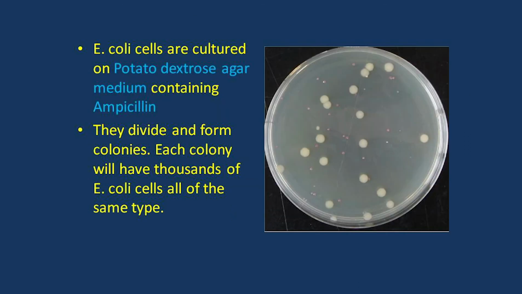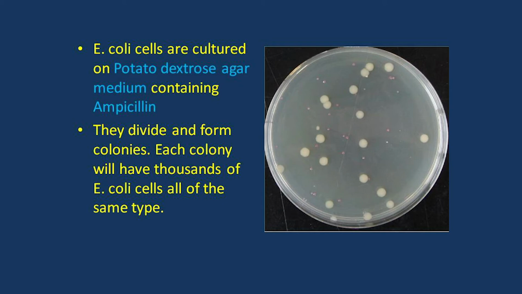bacteria. E. coli cells are cultured on potato dextrose agar medium, which is the usual medium used to culture bacteria, containing the antibiotic ampicillin. The E. coli cells divide and form colonies. Each colony will have thousands of cells in it, all derived from one E. coli. The colonies are white in color and they project from the medium like this.